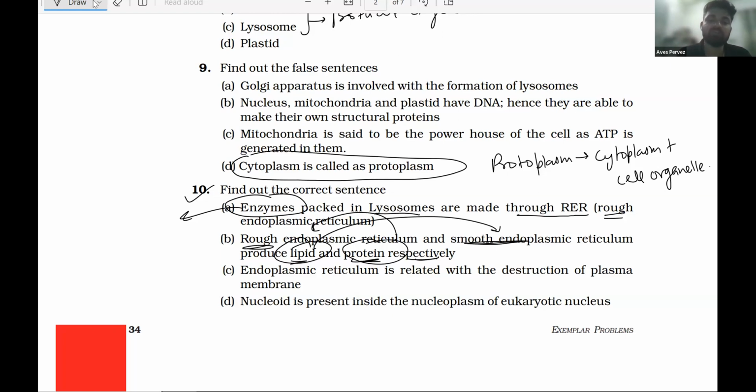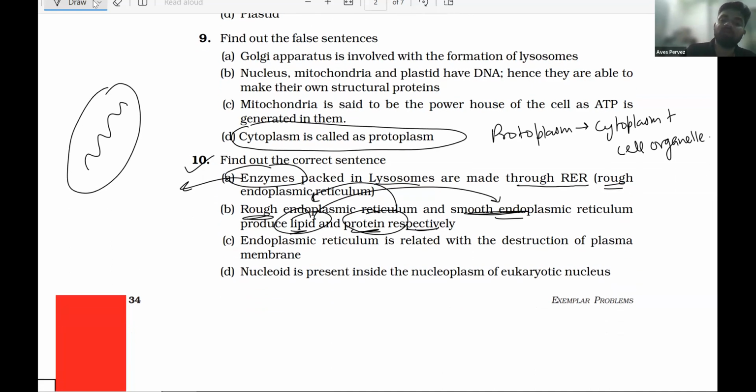Next option: endoplasmic reticulum is related to the destruction of the plasma membrane. No, it helps in the formation of the plasma membrane. Then: nucleoid is present inside the nucleoplasm of the eukaryotic nucleus. No, the nucleoid is the region present in the prokaryotic cell, where there is no membrane-bound nucleus. So only A is correct.